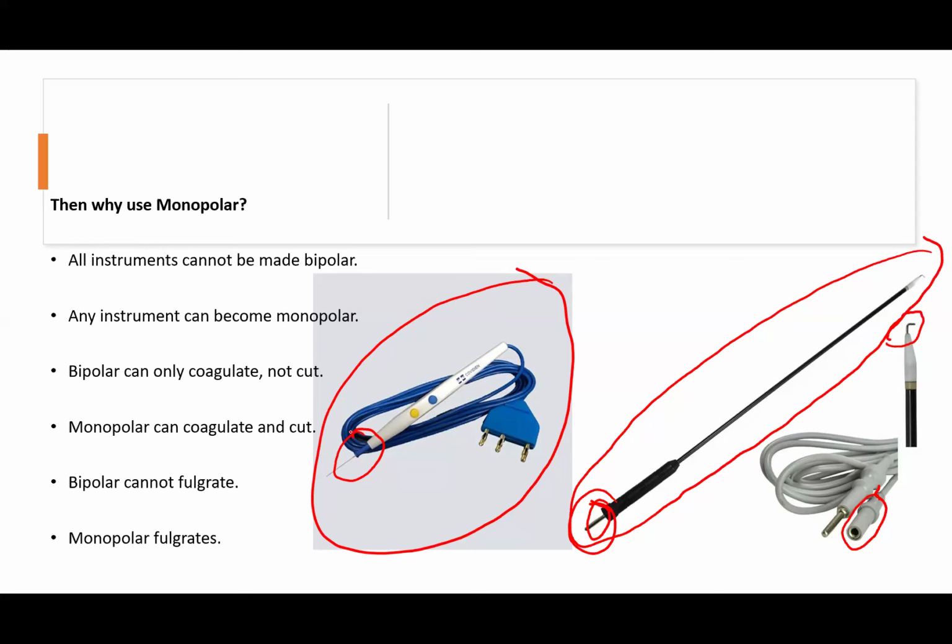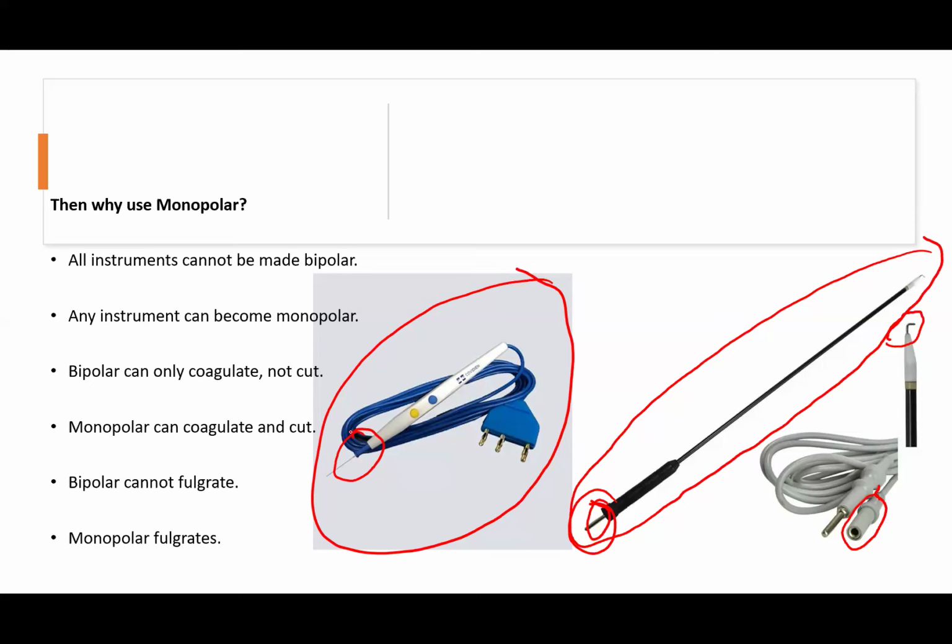You see, most of these instruments have a point where diathermy can be connected to them, whether being a grasper, Maryland, or scissors. Once you connect, it becomes a monopolar instrument. Okay, you can transmit energy through that instrument. So monopolar is very important in laparoscopic surgery. Any instrument can become a monopolar.